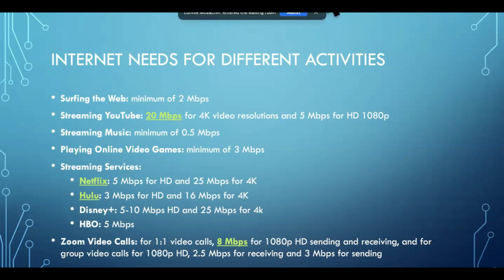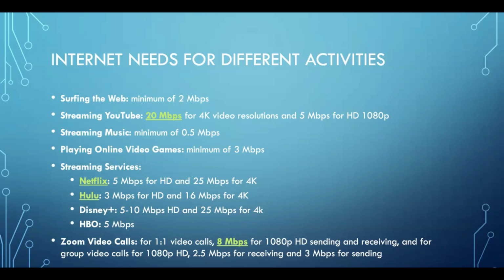Playing online video games needs 3 megabytes per second. And then streaming services, watching movies and TV online, are kind of the biggest eater upper of our data. 5 megabytes for HD on Netflix, 25 for 4K, Hulu's 3 megabytes per second for HD, 16 for 4K. These things vary. And then Zoom video calls, what we're doing right here.